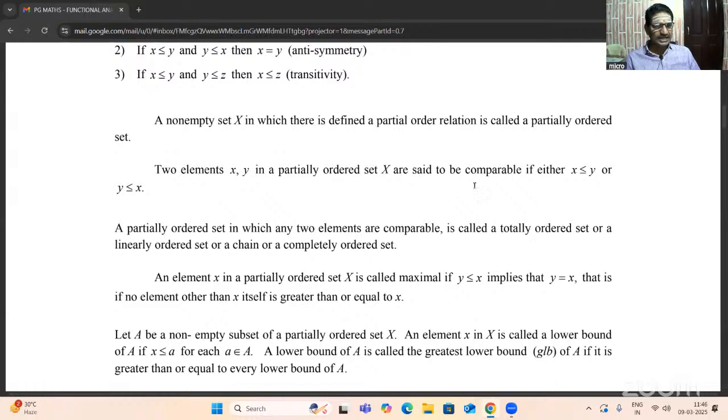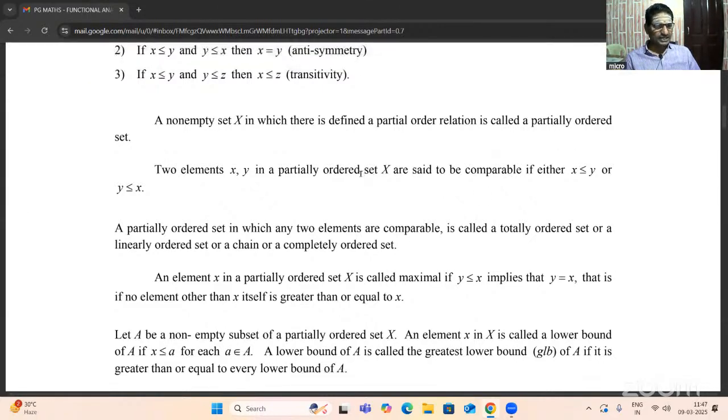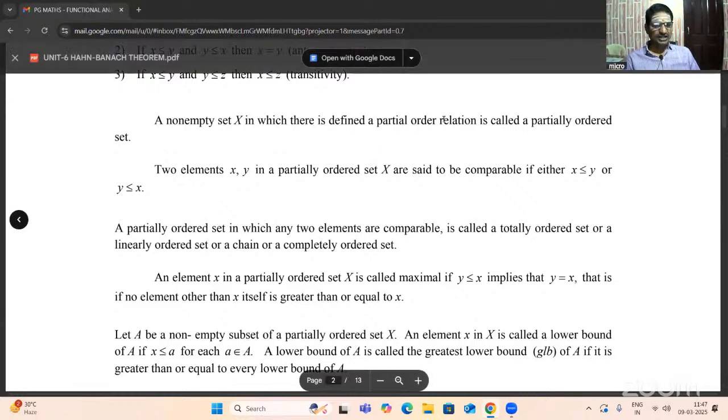That is called comparable. Here capital X is a partially ordered set, a non-empty set with a partial order relation satisfying reflexivity, anti-symmetry, and transitivity.